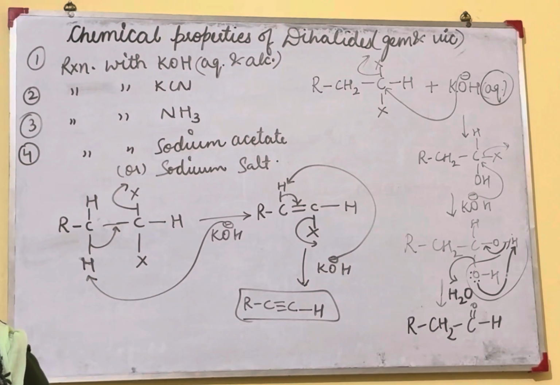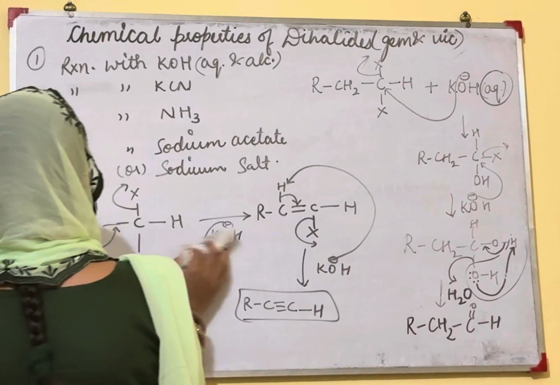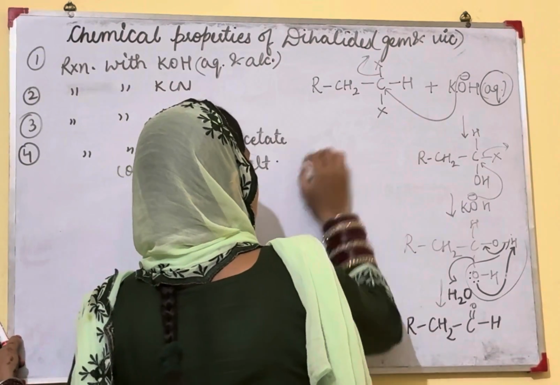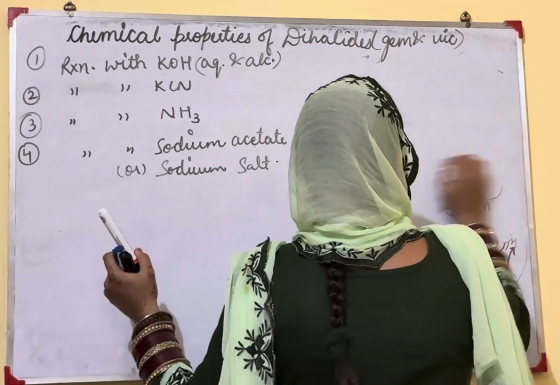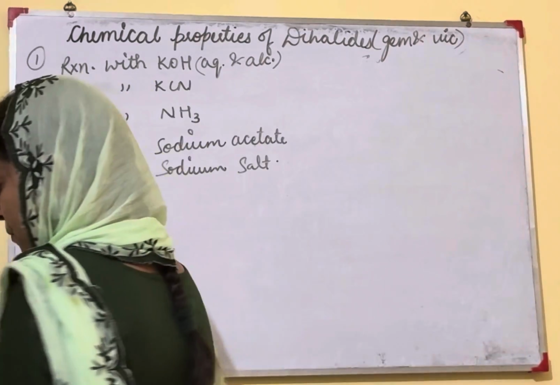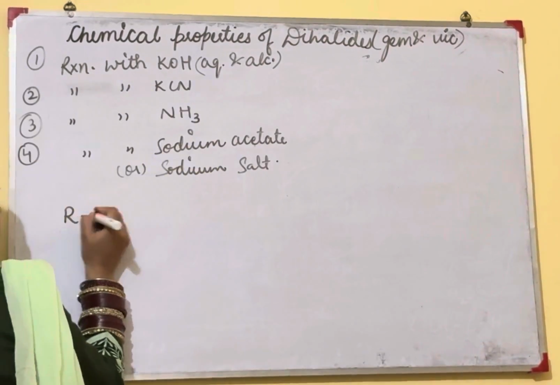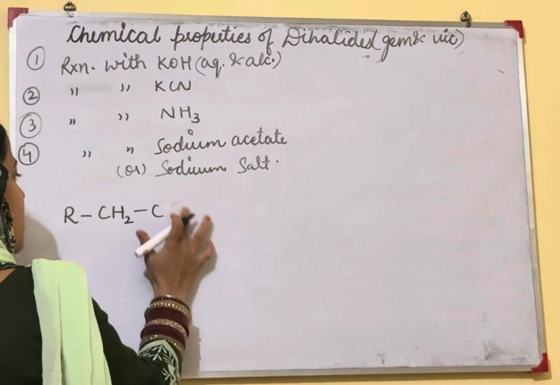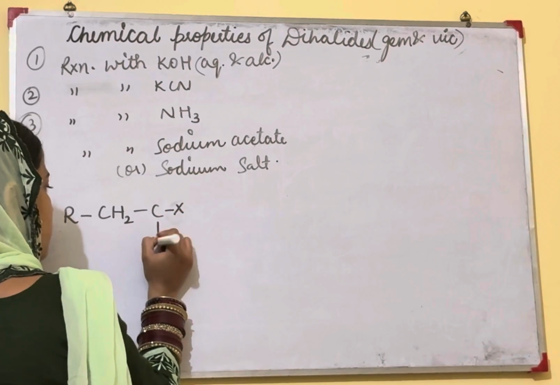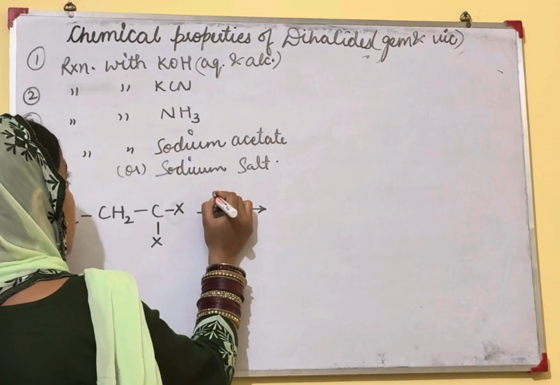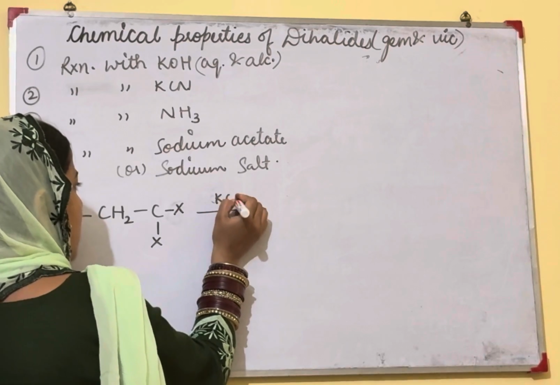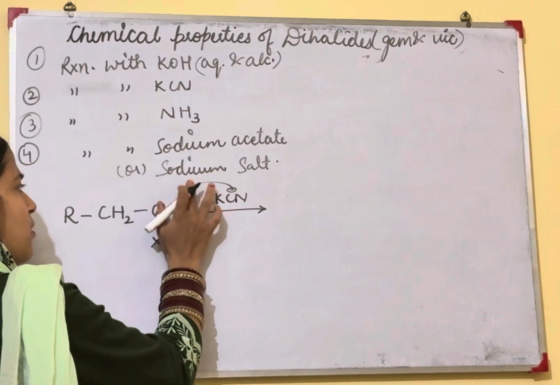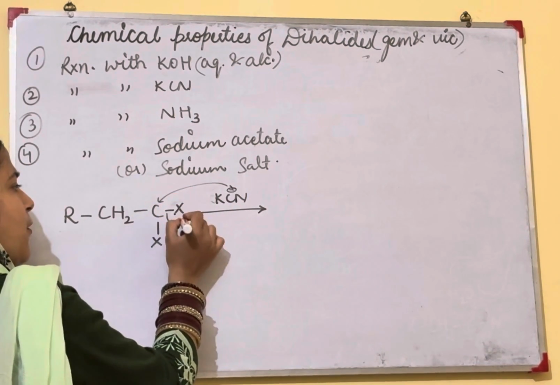Now let's proceed further. The reaction of dihalides with potassium cyanide, that is KCN. What will happen in that case? Here we take this as a halogen. As with KOH, the cyanide will attack on this carbon and the halogen will go out.